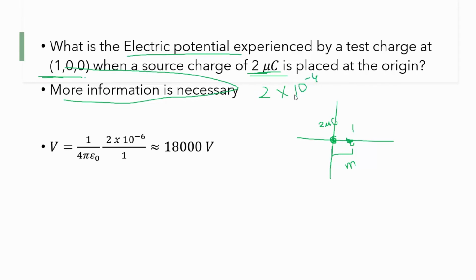And wala yung sagot sa choices. Nandun lang ay 9, 18, 20. So, wala sagot. So, i-assume natin na meters yung distance. Yan ay kQ over r. Sagot is around 18,000 volts. So, 18 kilovolts. Pag lumabas yan, E yung sagot.